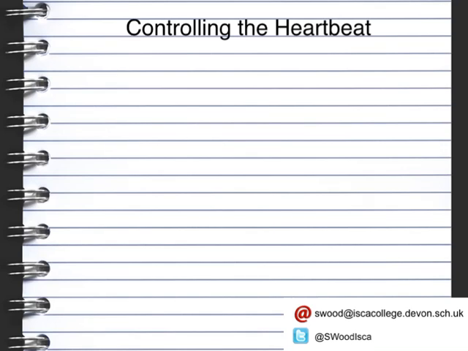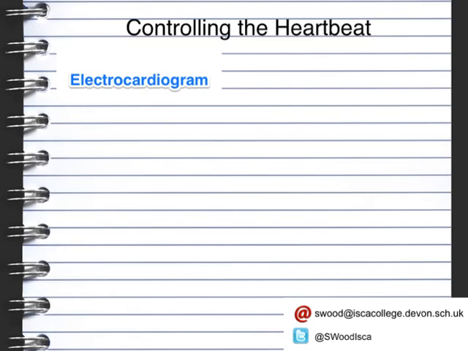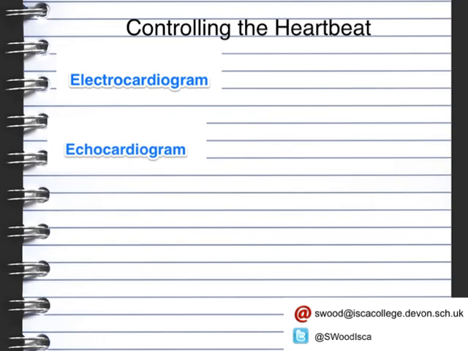Now, if we want to monitor the heart rate, you can do it in two ways, and they're both different. The first one is to carry out an electrocardiogram. This measures the electrical impulses of the heart, and the second one is an echocardiogram.